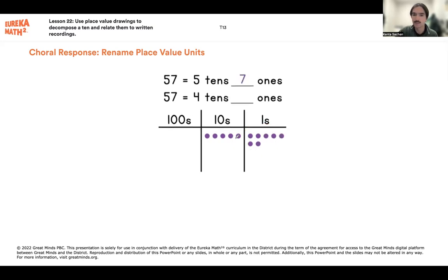Great. Now, what if I'm only having 4 tens? That means I'm crossing one of these tens out. Vanya, how many ones can I make with one of these tens? Yeah, 10 more, right?